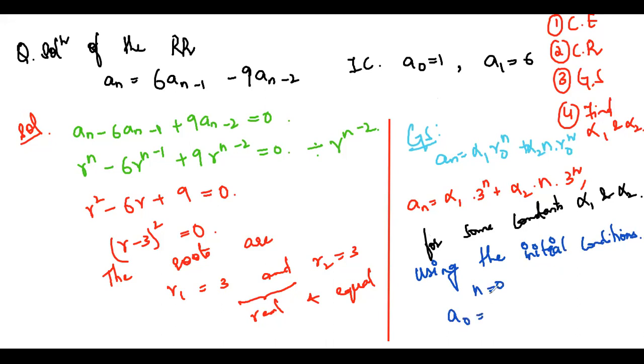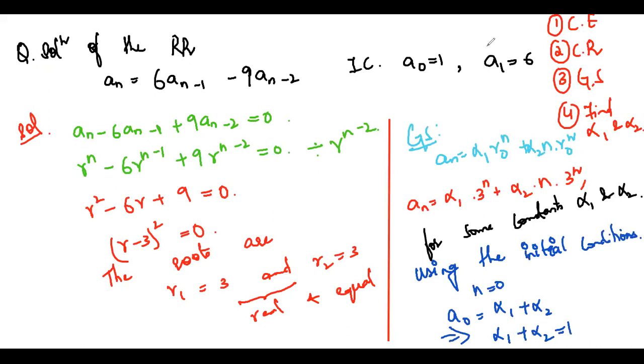A naught is equal to alpha 1 into r naught power n, so power 0 will give us 1. So a naught is equal to alpha 1 plus alpha 2. We have been given the value of a naught, so just substitute the a naught value. Alpha 1 plus alpha 2 is equal to 1. All right. Now the next is put n is equal to 1. Okay, let's name our equation. So this is our equation 1.